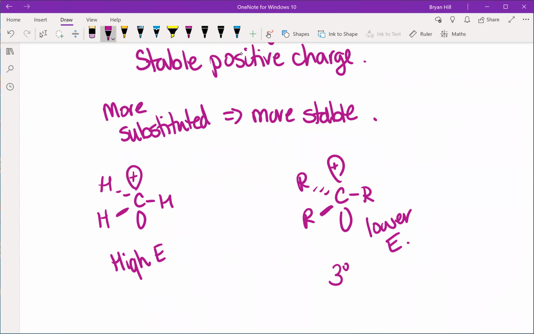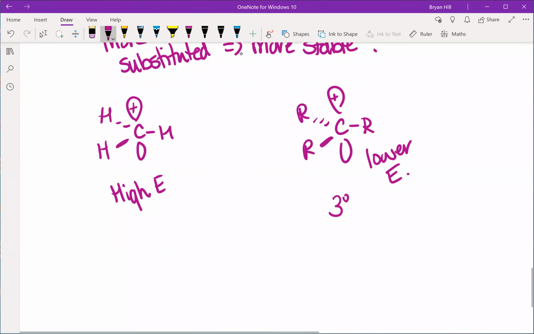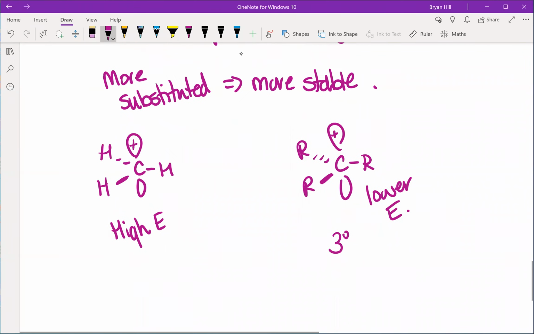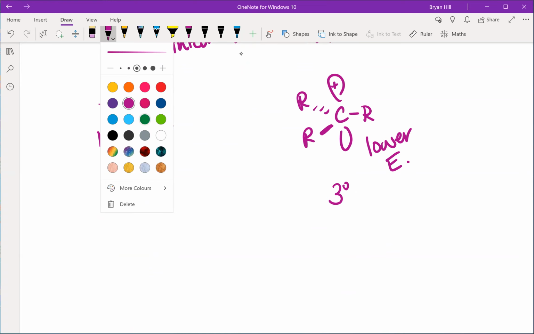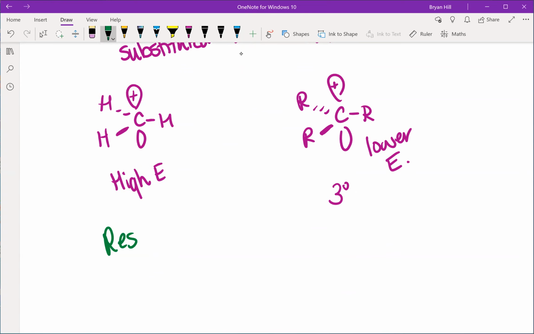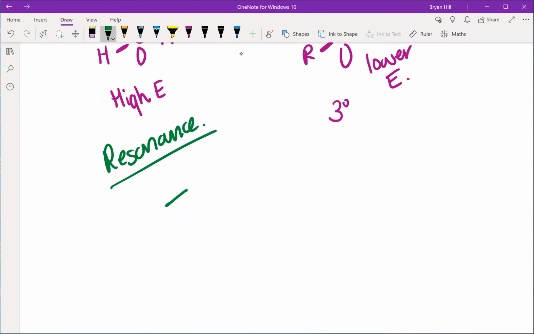What are some other things that help stabilize carbocations? Carbocations can be stabilized by? Resonance. Right, okay, resonance. Perfect. So there's 2 different groups in which we can have resonance structures, here or here.